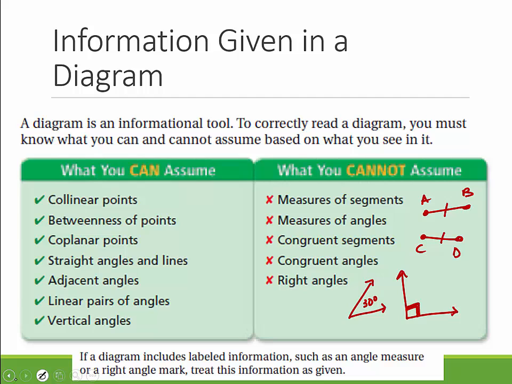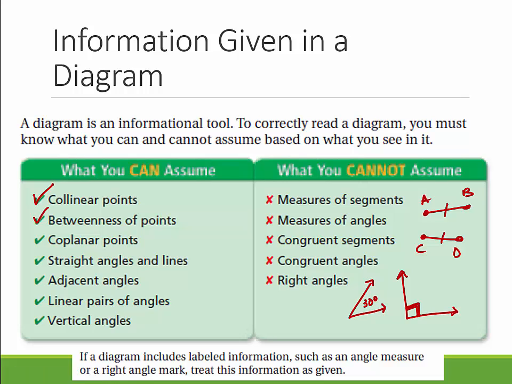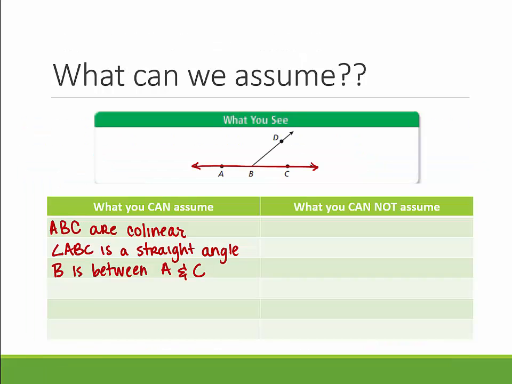If we go back to what we can assume, we did collinear points. Betweenness of points. We can say without a doubt that B is between A and C. Coplanar points, we can say that A, B, C, and D are coplanar.